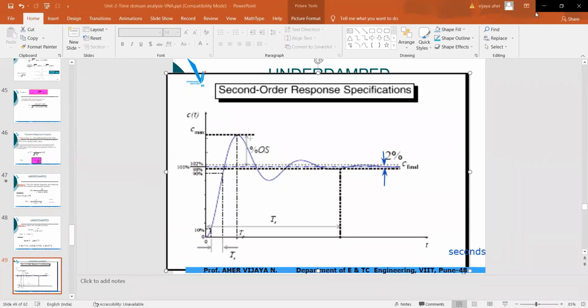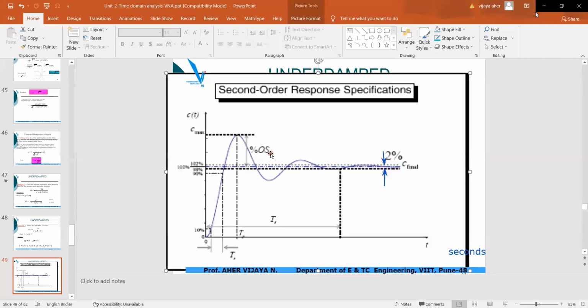Now this much is nothing but your C max. At this point, and from this point 100% to C max is nothing but percentage overshoot. This area we are calling as percentage overshoot.